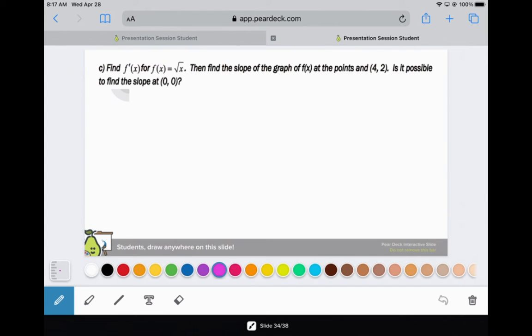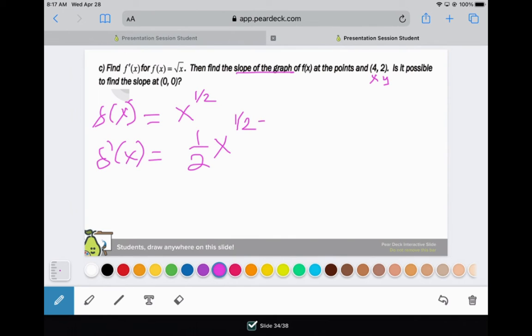All right, let's review another type of derivative. Same thing, we have x and y. There is the point where they want you to find the slope, right? Okay, so f of x, this is the square root, the same thing as x to the 1/2, right? So let's take the derivative, bring down the half, 1/2 minus 1, which is -1/2.